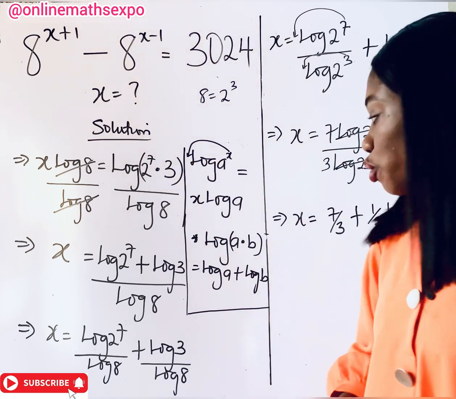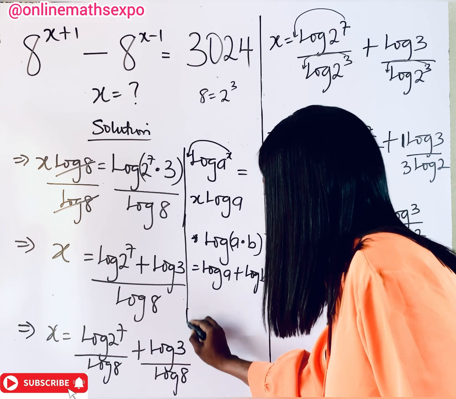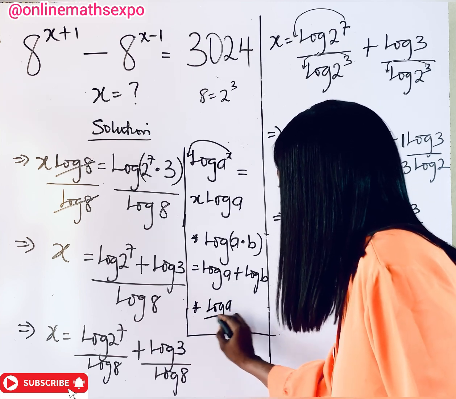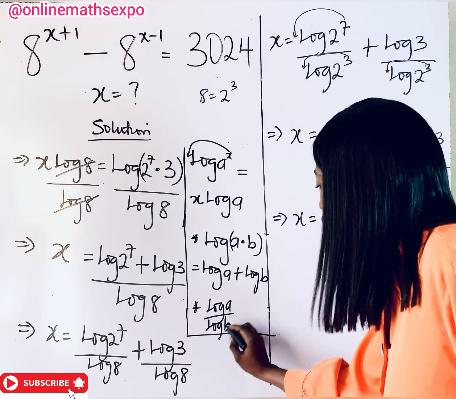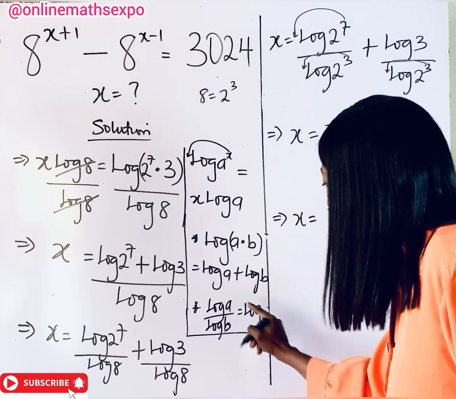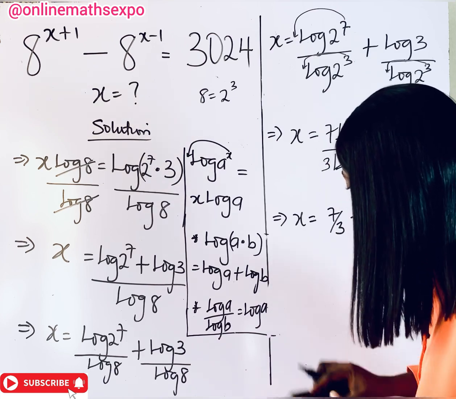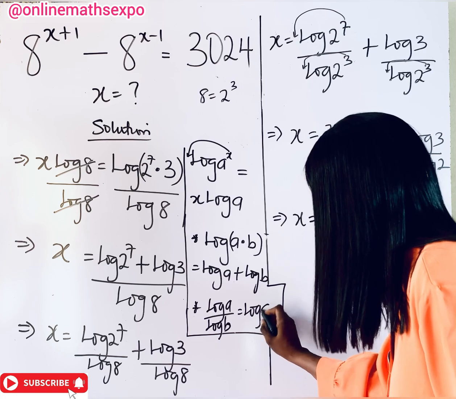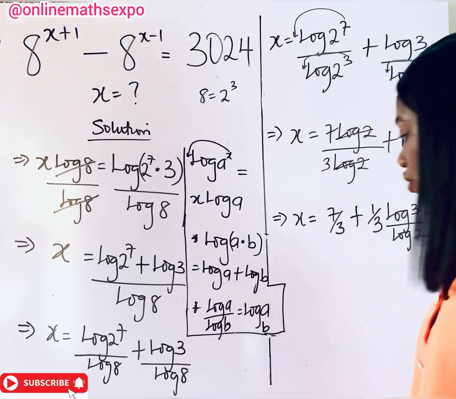Now, another tip of logarithm that will guide us is that if you have log of A all over log of B, what does it mean? It means you are going to have log of A, then this B here becomes the base of this log.